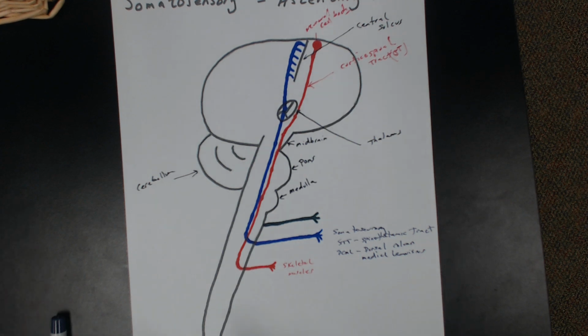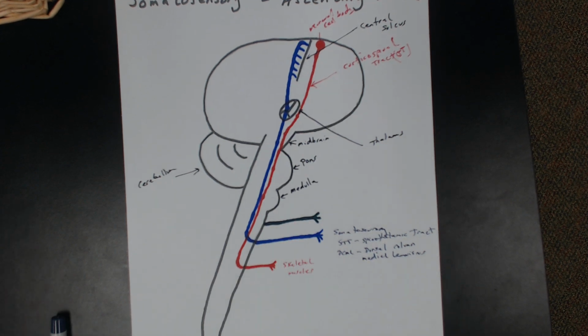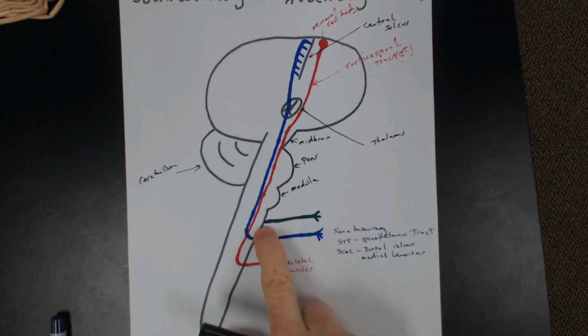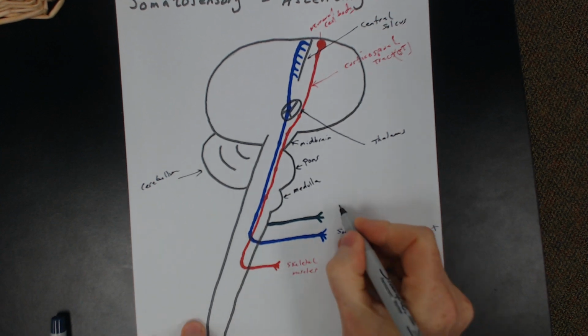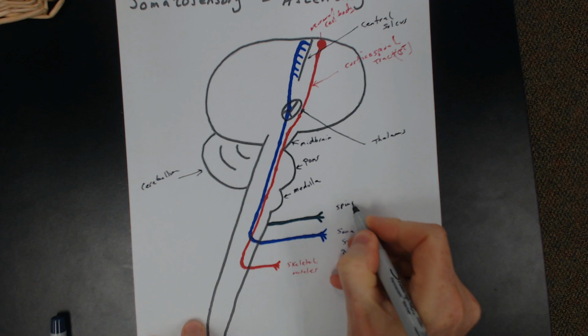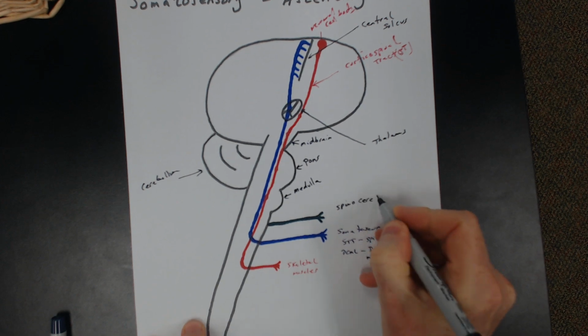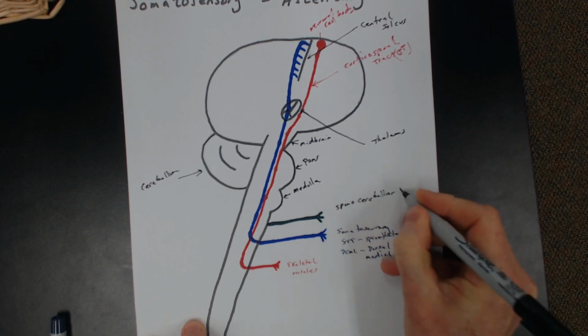Okay, so we have another tract that we're going to talk about, and it's involved in carrying information up to the cerebellum. It's going to start here in the spinal cord. So it's called your spinocerebellar tract.